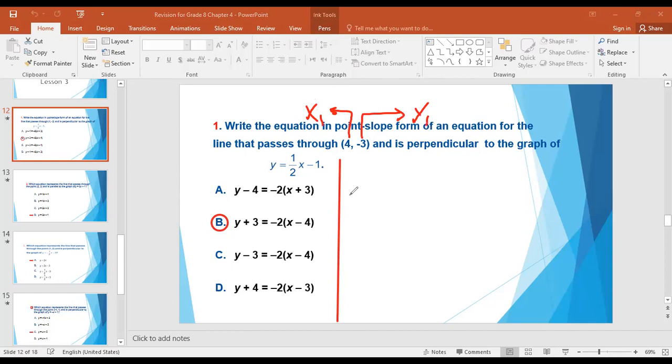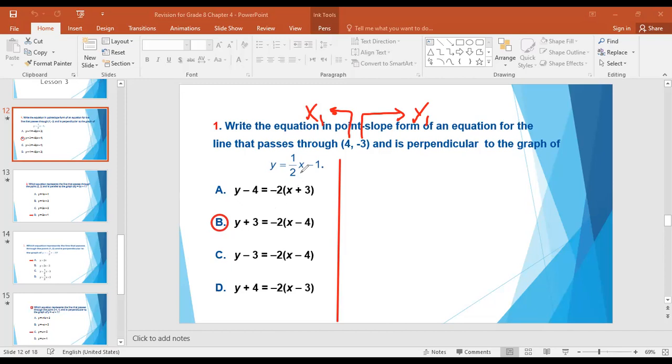Okay, how about the slope? The slope, we can see that it's half of x, and it's the reciprocal, so if you multiply by negative 1, the slope is negative 2. Because for perpendicular lines, if the slope is half, when you multiply by the other number, it must give negative 1.